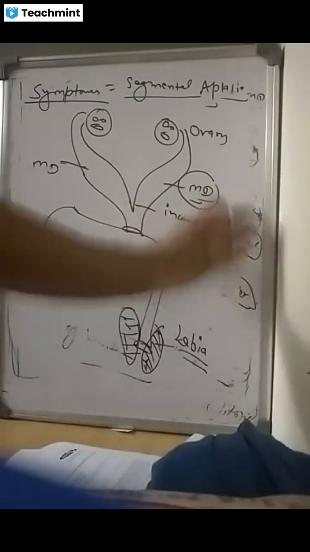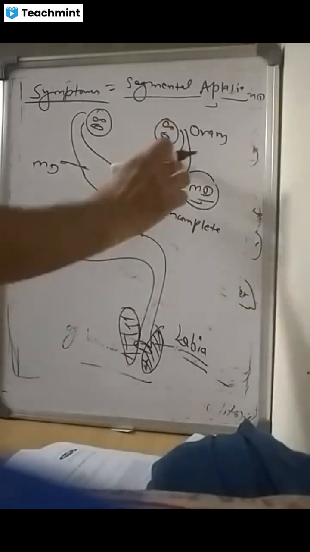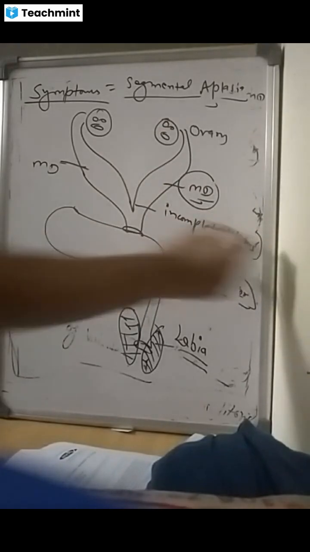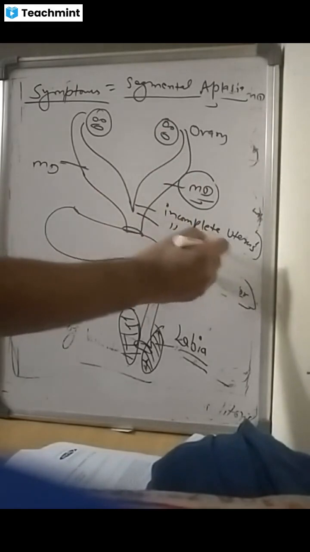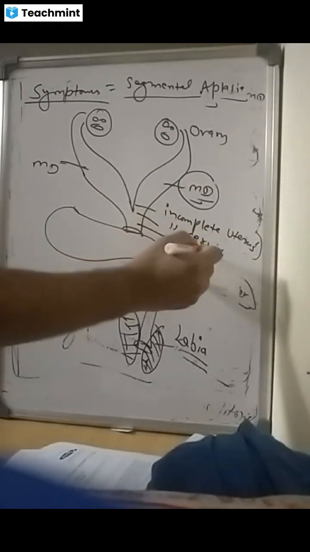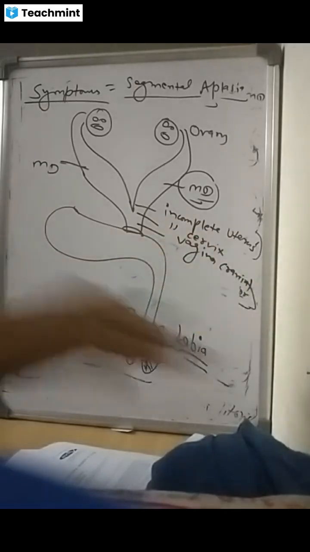Maybe there is aplasia of the complete uterus, the complete cervix, and an incomplete part of the cranial vagina.